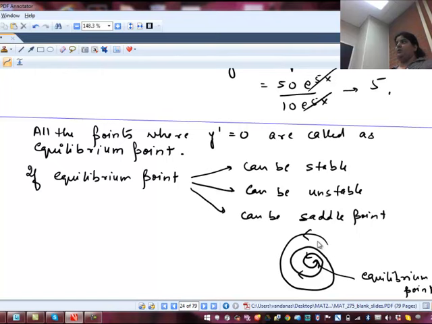If you start closer and somehow you move away from the point, that would be an unstable situation. You are kind of spiraling outward. You are moving away from the point. That's unstable. Saddle will be... so this is the stable situation.